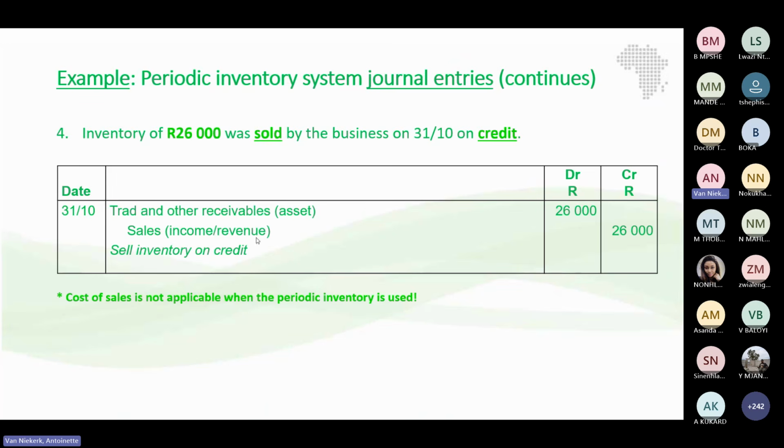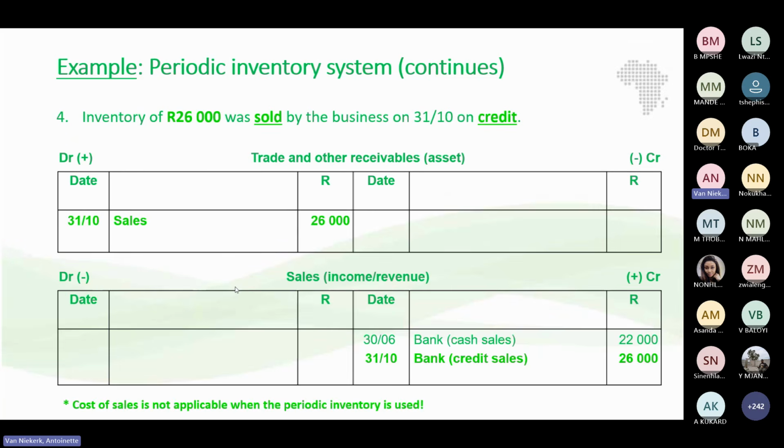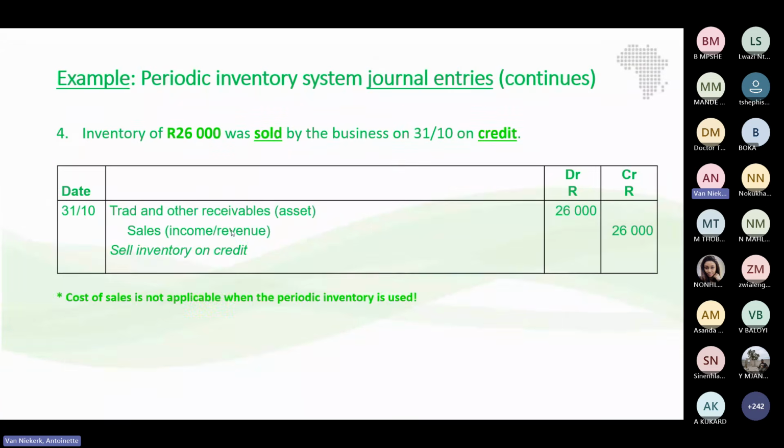Now I show you again how it will look in your journal entries. Trade and other receivables, apologies, was debited. So trade and other receivables will be shown in the debit column.